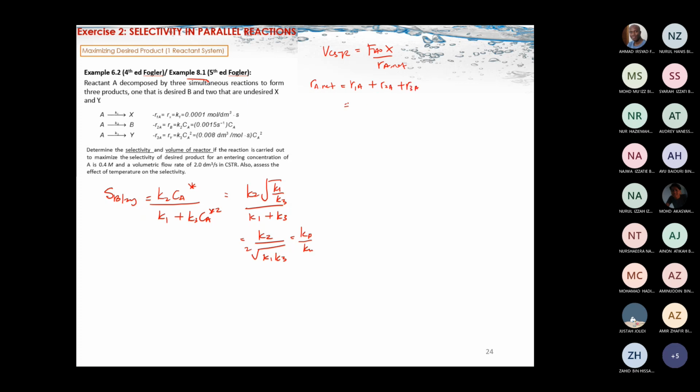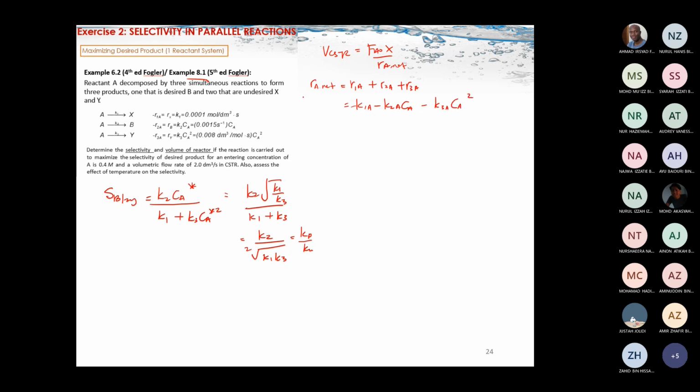Okay, so just masukkan benda ni. Okay, which is this is in term of positive. So kalau positif, sini jadi terbalik, dia jadi negatif lah. Sorry, sini positif, so this one negatif. Okay, so dia akan jadi negatif K1A minus with the K2A CA, minus with the K3A CA kuasa 2.